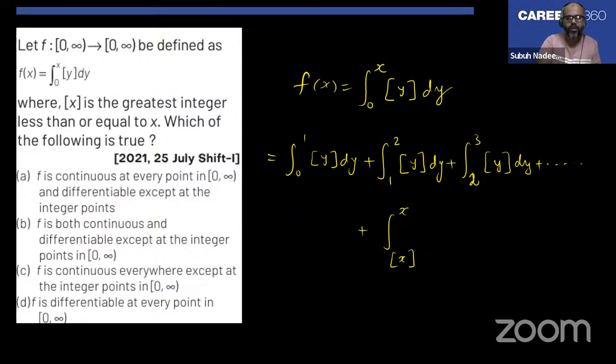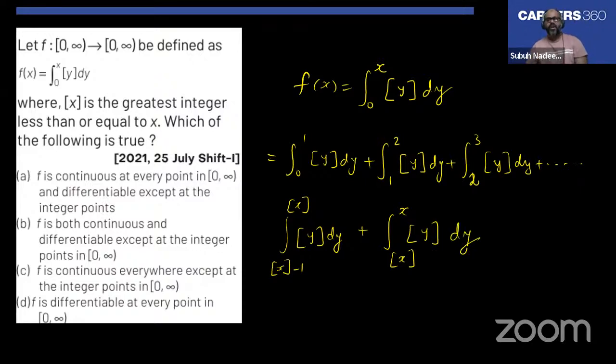Before this will be greatest integer of x minus 1 to greatest integer of x, greatest integer of y dy. So the interval from 0 to x can be written like this.